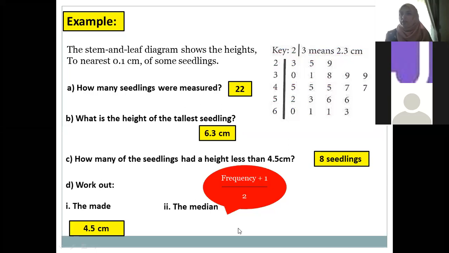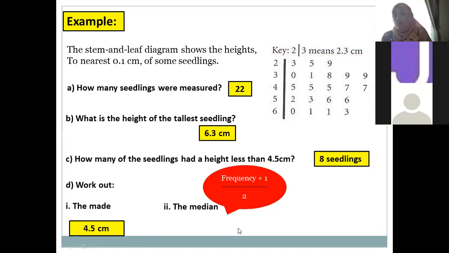What does 11.5 mean, Sarah? So you'll find the number whose position is 11.5. Or we can say that 11.5 is between which 2 numbers? Wait a moment, Sarah. The position 11.5 is between the 11th and the 12th, right? Yes.